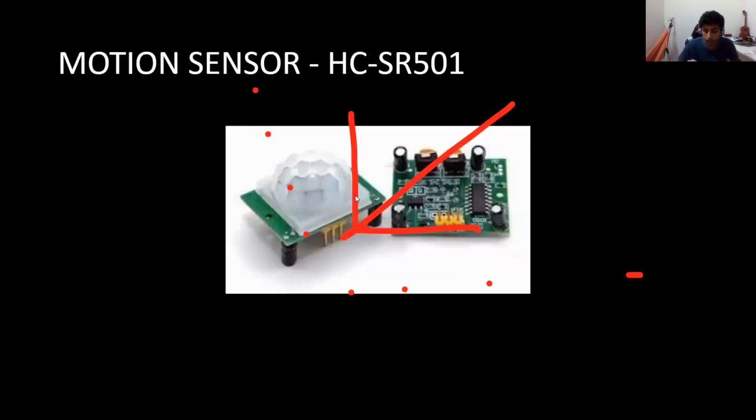The last kind of sensor, because I want to be done with the sensors. Only then I can start talking about the Arduino and all of that. So the last kind of sensor is a motion sensor.